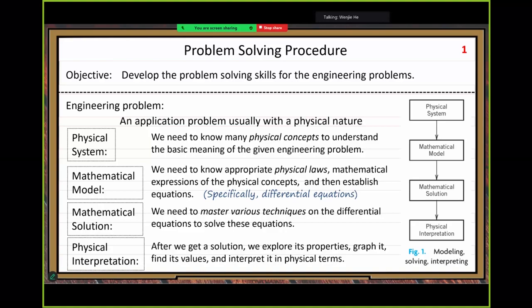When you get back to your physical environment, some do not make sense. So you need to make appropriate interpretation, then do some necessary work to finalize your solutions. That's the standard problem-solving procedure for this class.